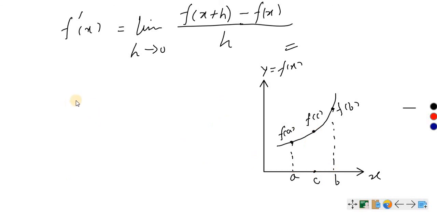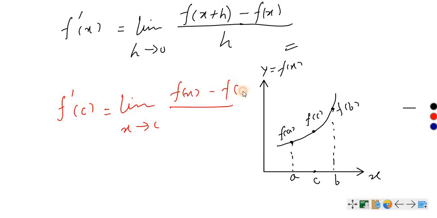Now tell me one thing: can I write the derivative of the function at point c equals limit x approaching c of f of x minus f of c over x minus c? Is this true? Yes, it is true. As x approaches c from both sides, the function f of x will also approach f of c.